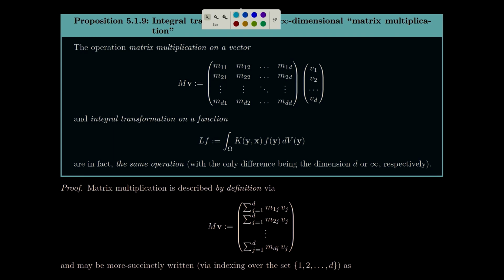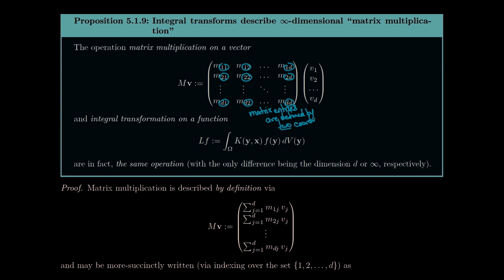But let's just zoom in really quick on the fact that every m here in my matrix is defined by 2 coordinates, right? The matrix entries are defined by 2 coordinates, and vector entries are defined by 1 coordinate.